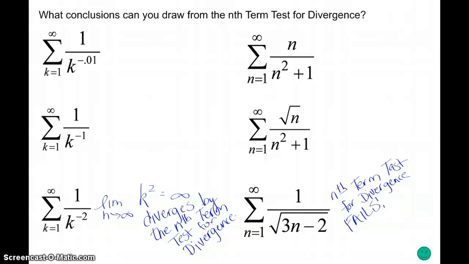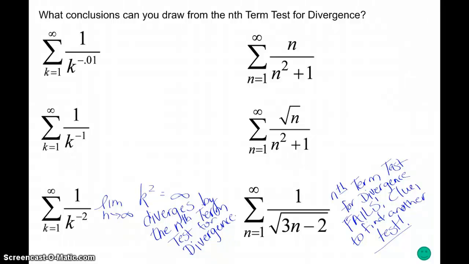You see that it fails. You don't have to write that it fails, but you're going to run it in your head. You're going to see that it fails. This is your clue to find another test. So you're always going to start by running the nth term test for divergence in your head.